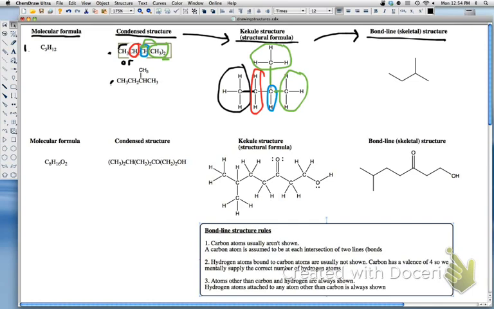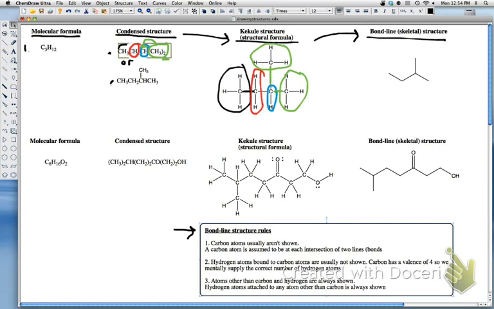If we scroll down, we can look at the bond line structure rules. The first one states that carbon atoms usually aren't shown. In bond line skeletal structures, a carbon is assumed to be at the intersection of two lines, and lines represent a bond.